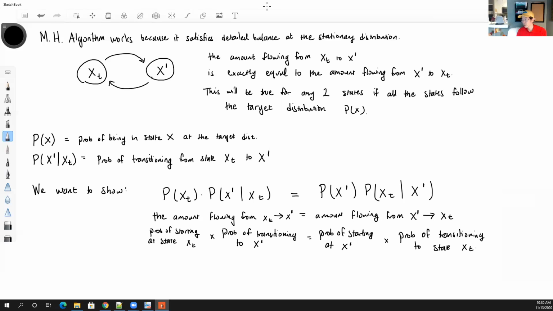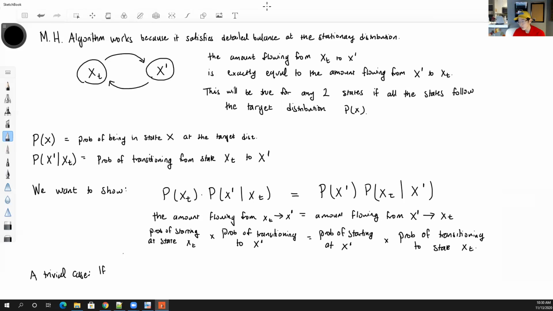Okay, so there's technically a trivial case, and that is if the proposed location is rejected.